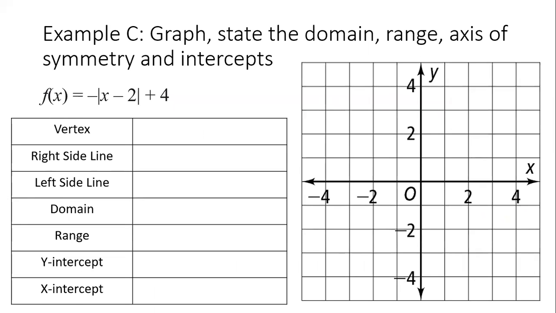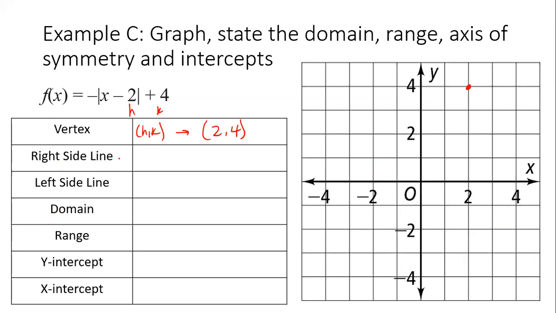So doing that, here we have negative absolute value of x minus 2 plus 4. My vertex is based off my h and my k. So your h comma your k is your vertex. For this one, my vertex is at 2 comma 4. Easy enough. I go to 2, go to 4. Vertex done.